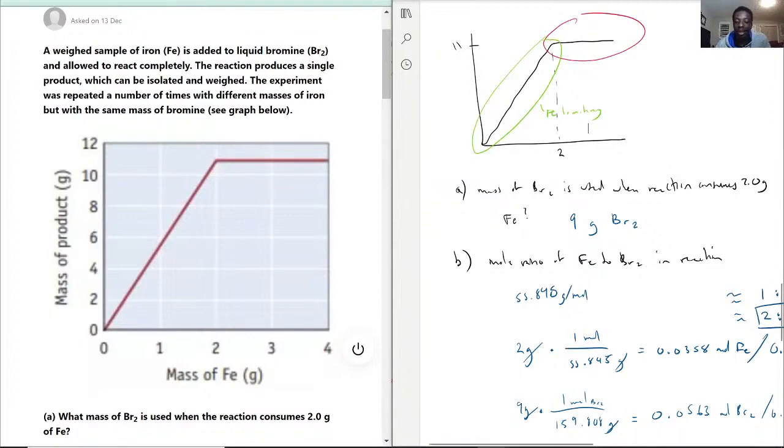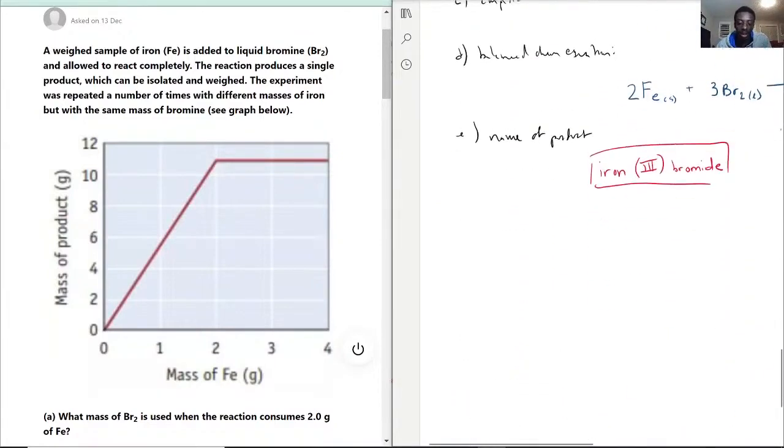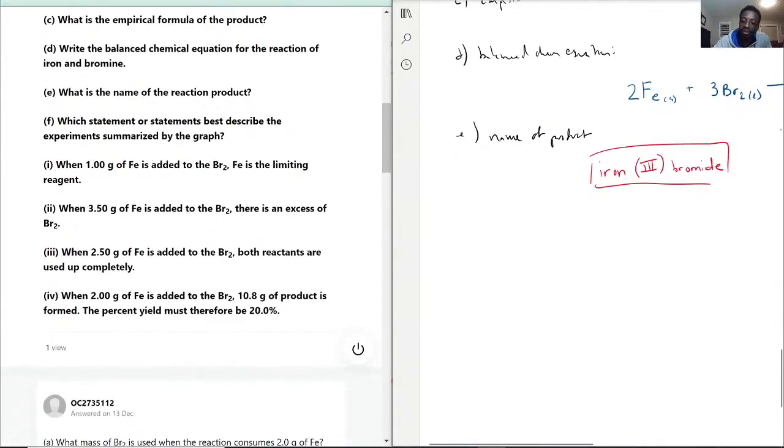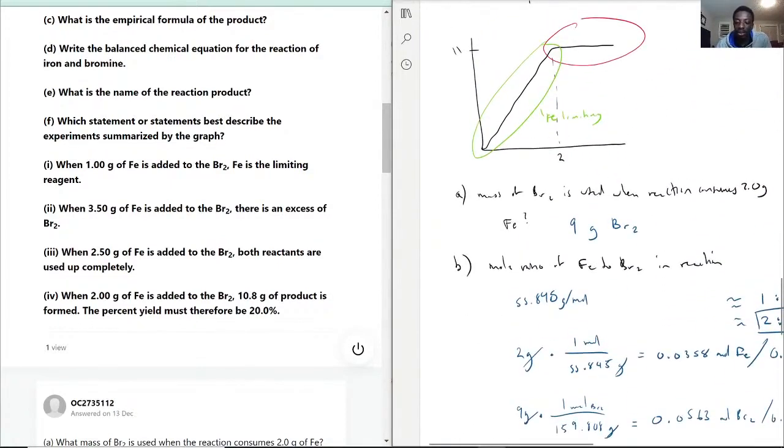So with that being said, if asking for the best statement, so far 1 is correct. For 2, we see that there's no more of the bromine gas, so that's incorrect. For 3, at 2.50 both reactants are used up completely. As you can see here, it's actually 2, this point right here, where both are used up completely.